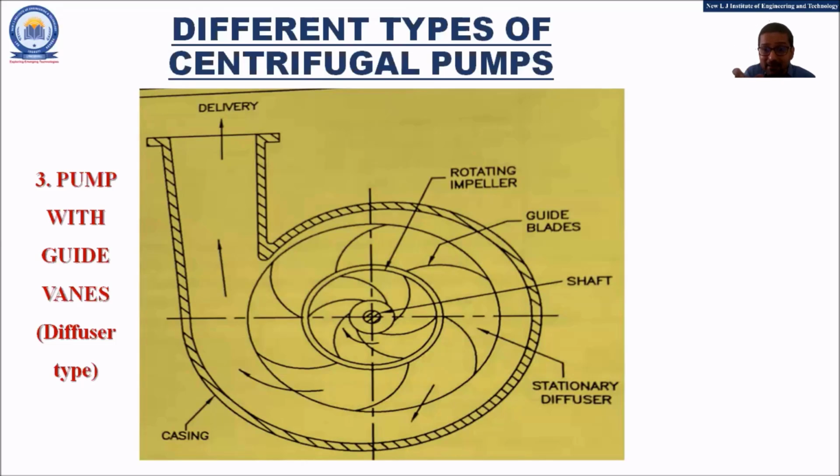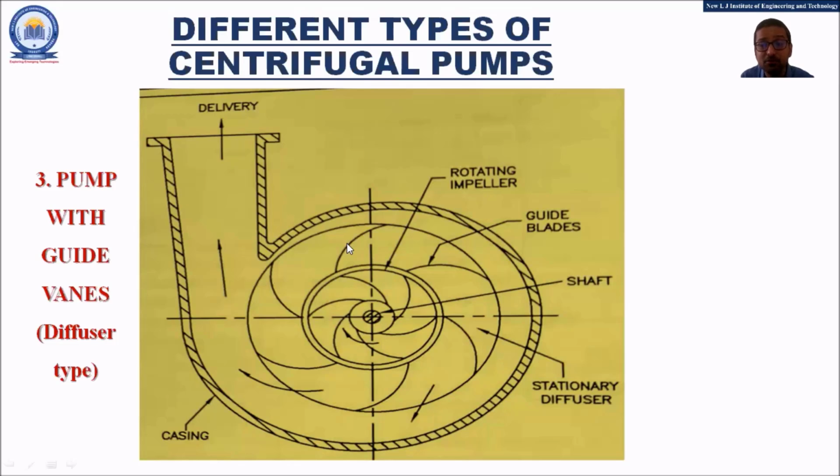And friends, remember the term, it is a stationary diffuser. So there will be no movement in the diffuser. The diffuser will be stationary, will be steady. The water which is coming out from the impeller having the kinetic energy will be hitting the blades of the diffuser.